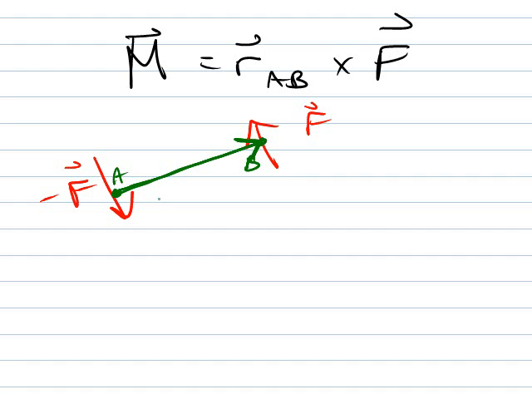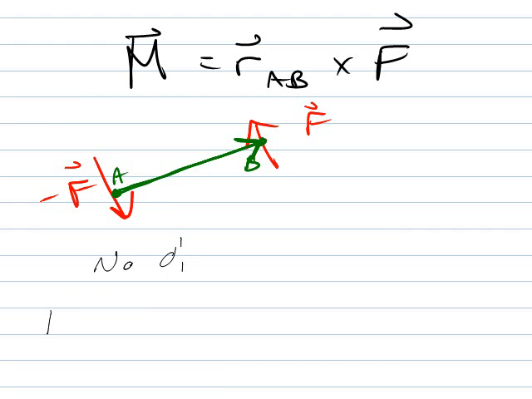That's the direction of your couple moment. If you go R_BA cross F, you're going to get the opposite direction. So you want to make sure that you're doing these in the correct direction to get a good solution. But like I said, the O is gone.